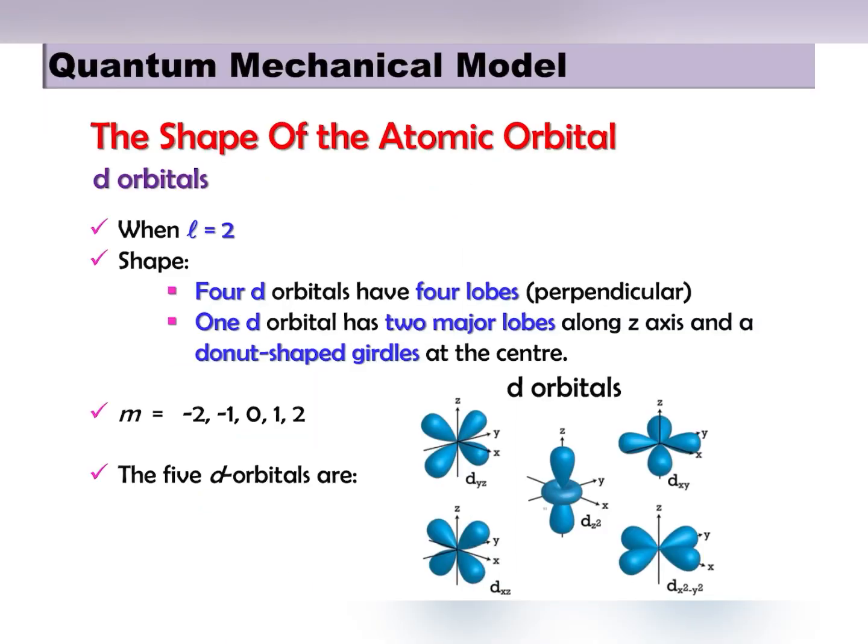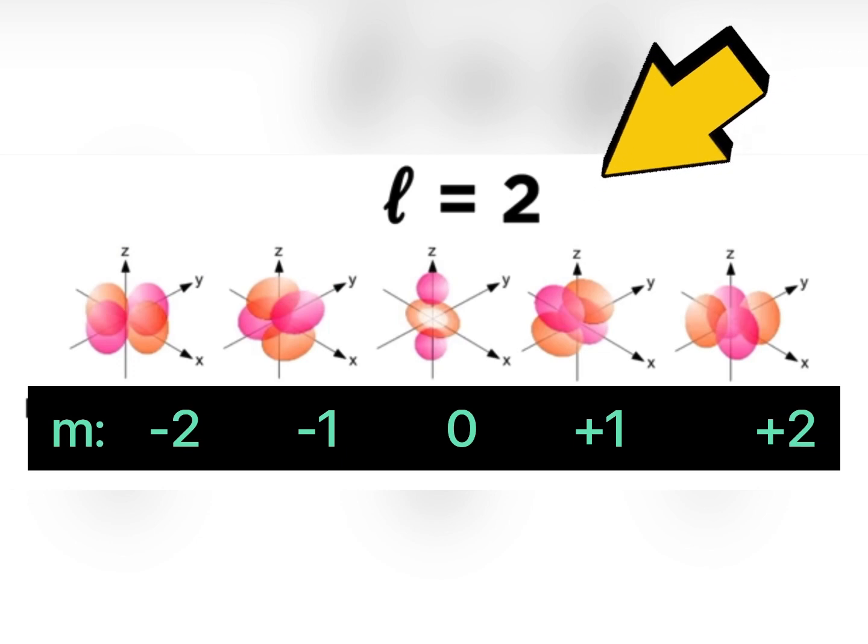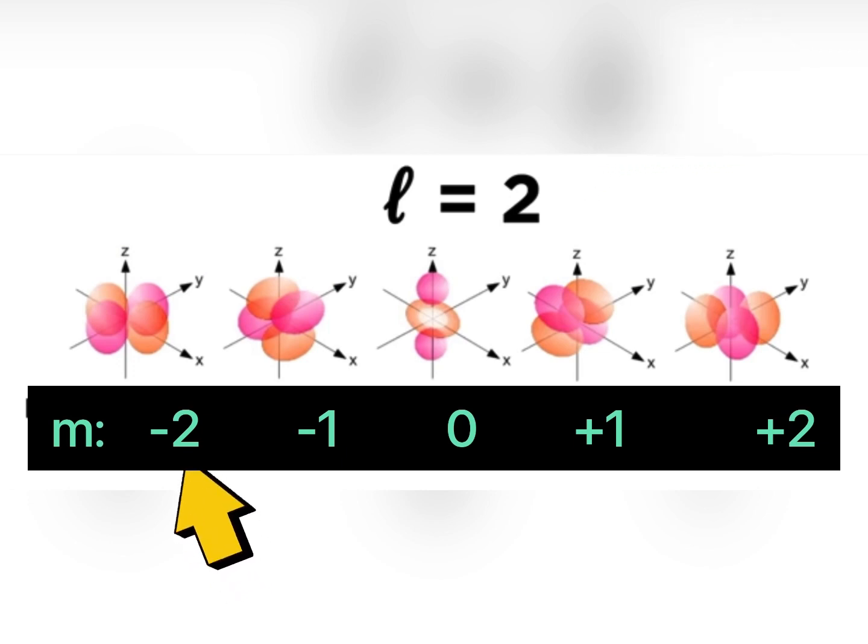The next one is d orbital. So d orbital, it is when your value of L equals to 2. So if L equals to 2, value of M will be from -2, -1, 0, +1 and also +2.